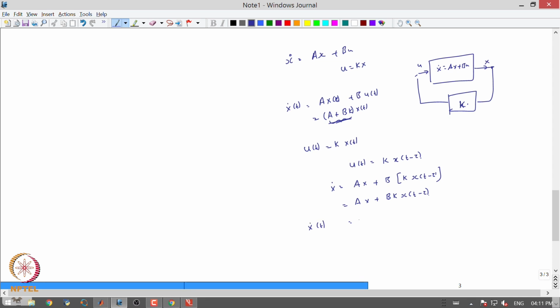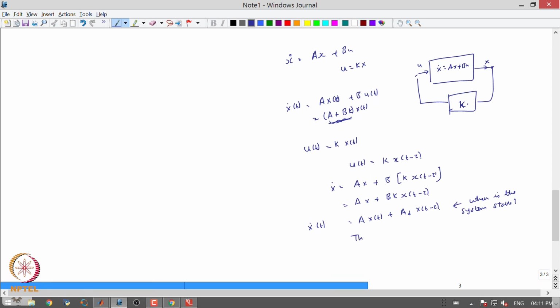So in general we can write a delay system of the form x dot of t is a x of t plus, let me call this some a d, x of t minus tau. So when is this system stable is the question. First, the necessary condition is that the system without delay should be stable.